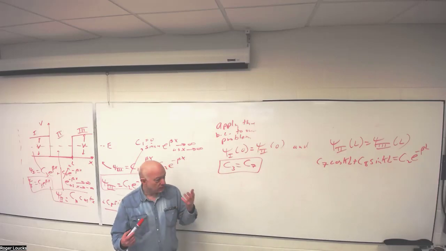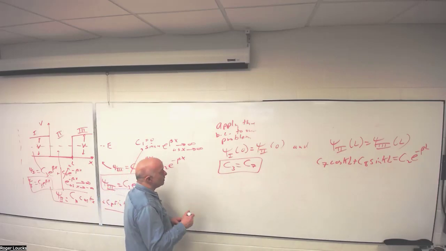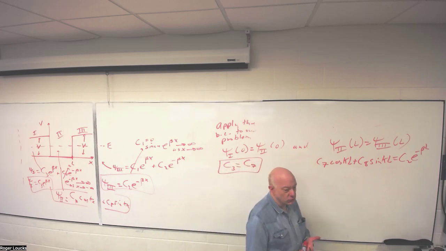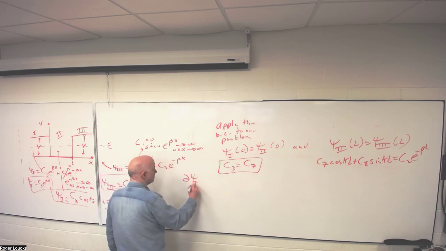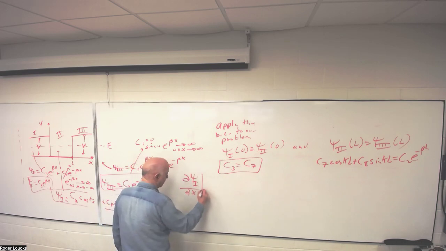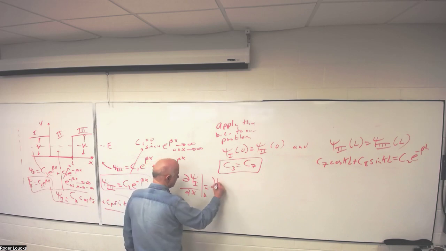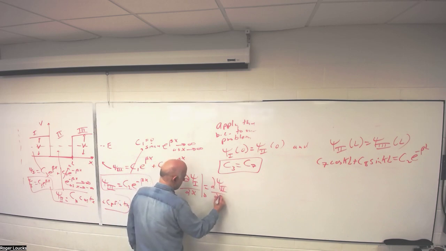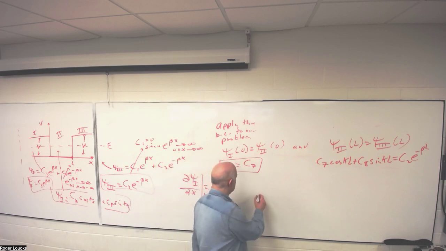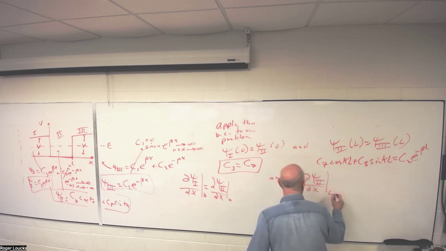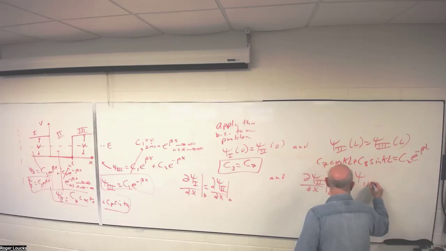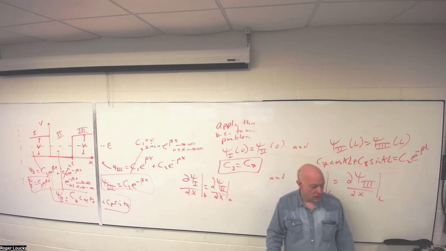Okay. Let's do another one. Let's do this guy. So what does our derivative equation become? It becomes this. Partial psi 1 at x equals 0 has to equal this guy here. And then we have the partial psi 2 at L has to equal the partial psi 3, also at L. So what does this give you?